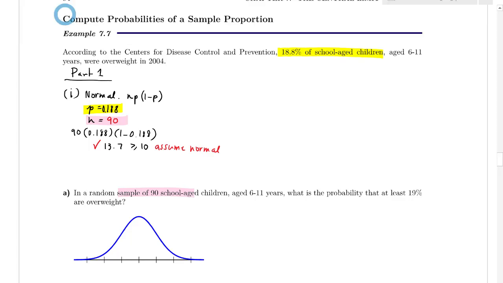The second part is to ensure that the sample size is no more than 5% of the population. So if our sample size is 90, is that going to be no more than 5% of all school-aged children 6 to 11 years old?